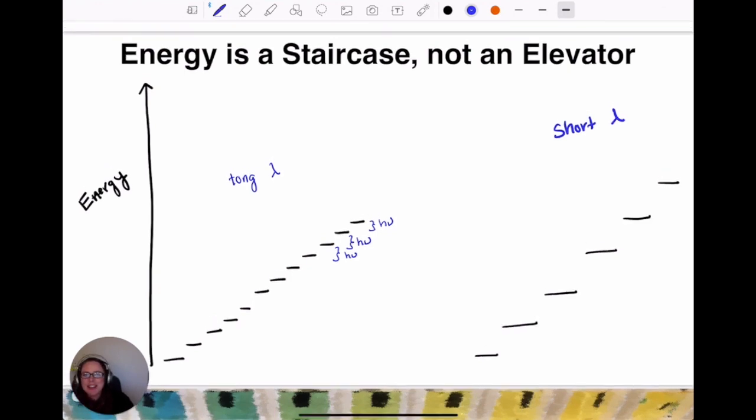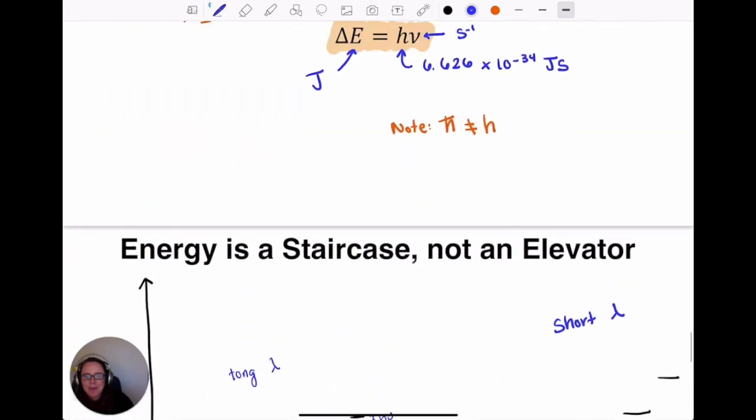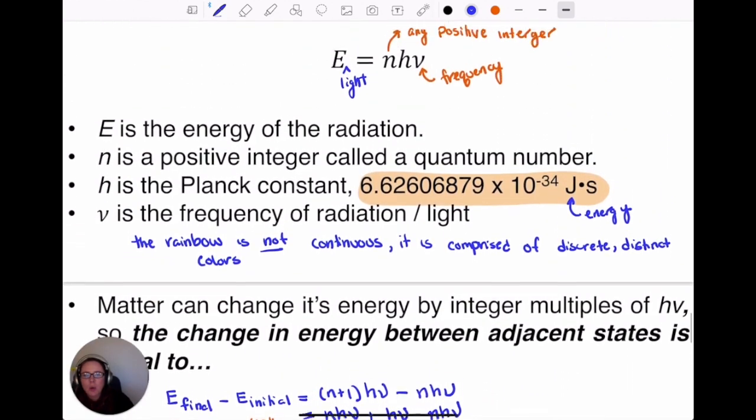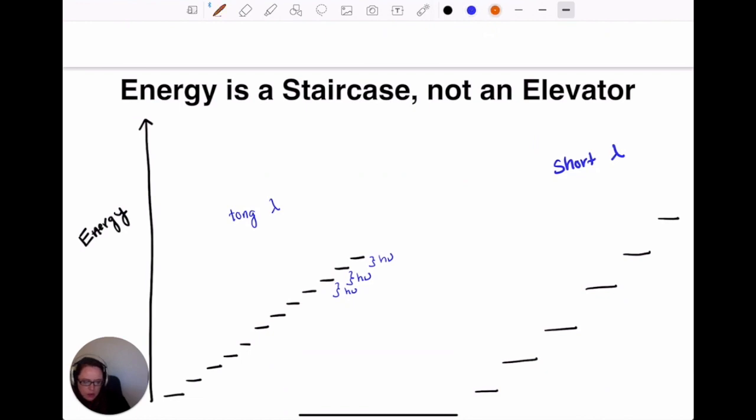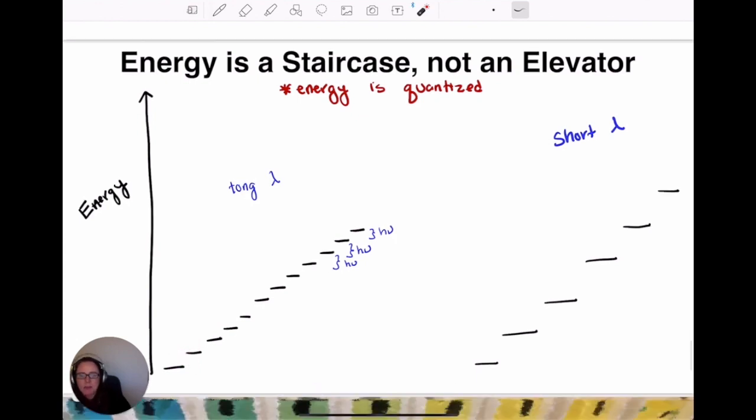So energy is a staircase, not an elevator. And so this means that energy is quantized. So the little quanta are little packets. Overall, our energy is quantized. So we can be one energy level or another, but we can't be anywhere in between.